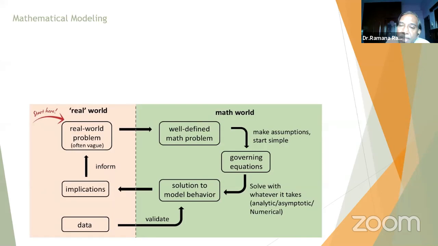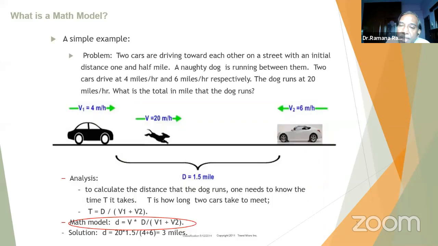So I gave a simple, very well-known example here. A rat is traveling at 20 miles per hour between two cars, one car coming at 4 miles per hour and another at 6 miles per hour, coming in the opposite direction. What is the total distance in miles that the rat runs?